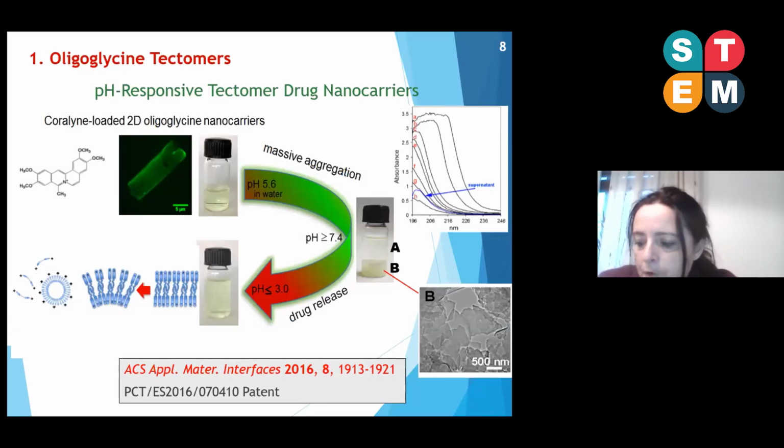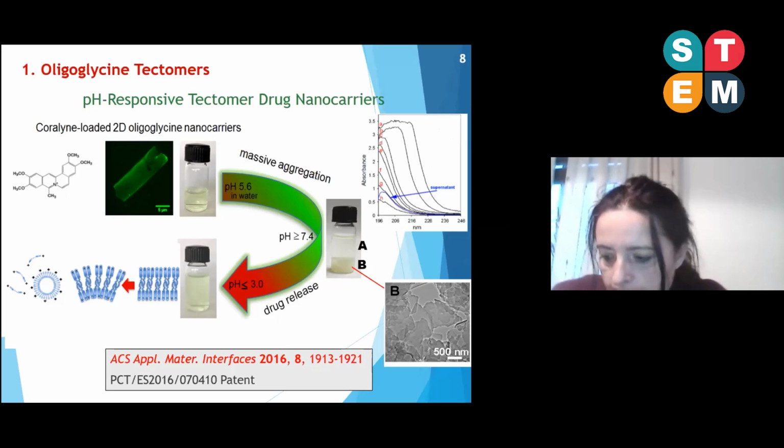We have recently demonstrated the capabilities of tectomers as efficient pH-sensitive nanocarriers for controlled loading and release of the fluorescent anti-cancer drug coralyne, making tectomers extremely attractive for biosensing and therapeutic applications.